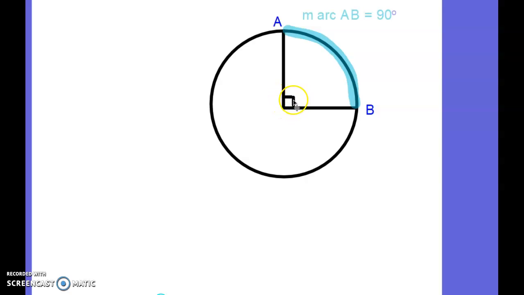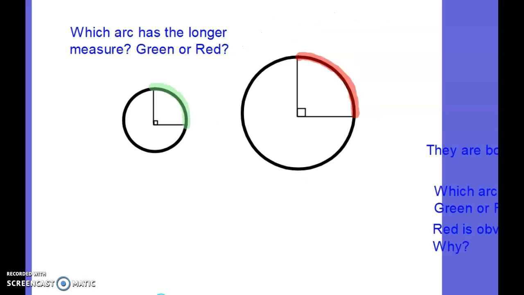And if this right angle is 90, then this measure of the arc is 90. Okay, continuing on. Which arc has the longer measure, red or green? I'll give you a second. Well, they both measure 90 degrees, so they're actually the same.